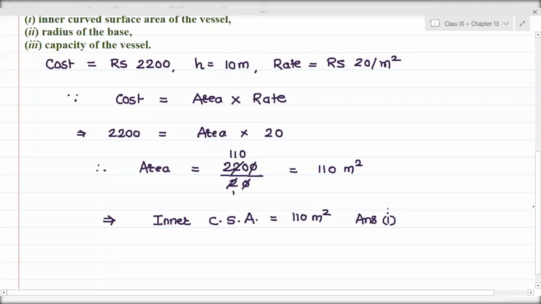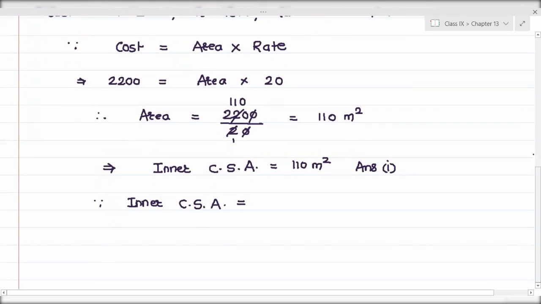Okay, now similarly we have to find out the radius. So now consider the value of inner CSA. If I apply the formula of inner CSA, it doesn't matter whether the curved surface area is inner or outer. What is the formula of CSA over here? The curved surface area is always equal to 2 pi RH.